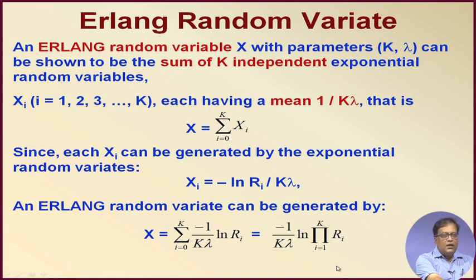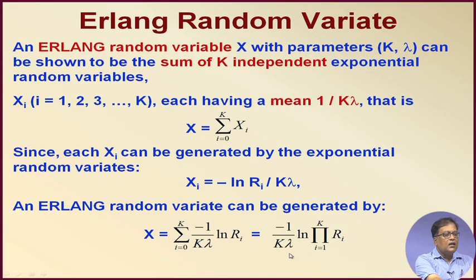But we know that the sum of these logs is nothing but ln of r1 into r2 into r3 into r4, so the multiplication can be shown in this form. So, it finally becomes minus 1 by k lambda ln (r1 into r2 into r3 up to rk), right. In this form it becomes simplest, and that would be an Erlang variate.